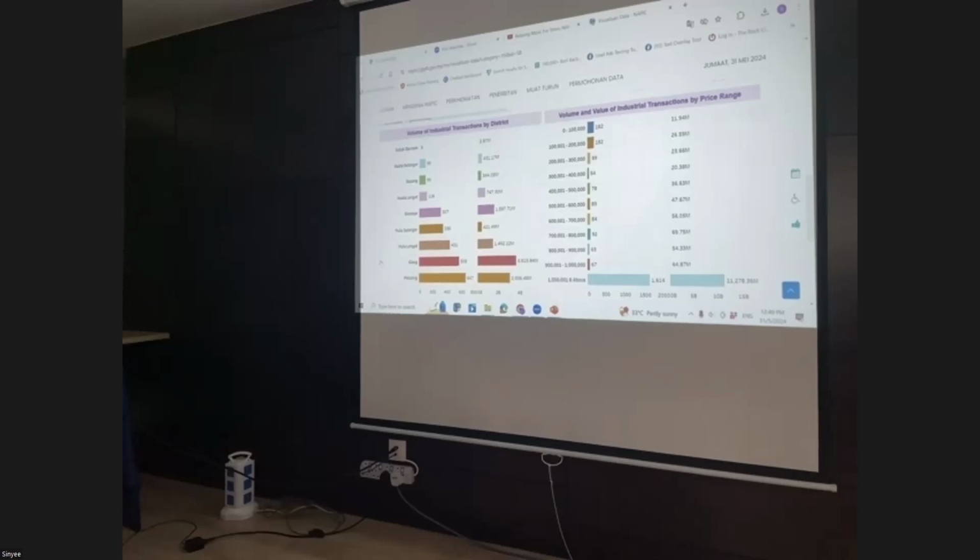Klang 558, 3.6 billion. Why does Klang have a higher value? Because it has a lot of very huge factories, those 20, 30 million factories. Because you see, the transaction count is lower, but the value is higher. So very highly likely those are very big deals, 30 million factories.